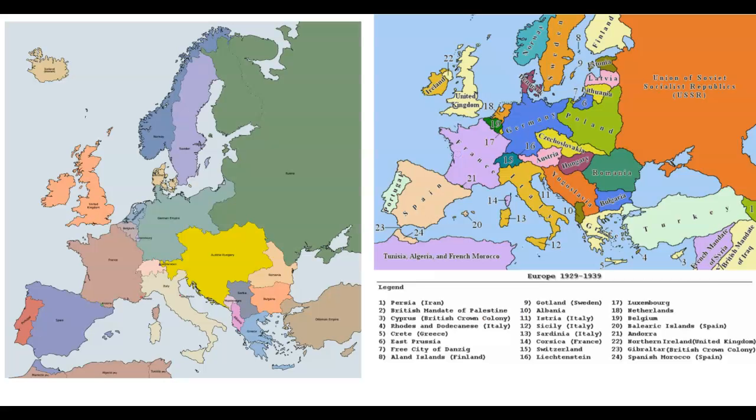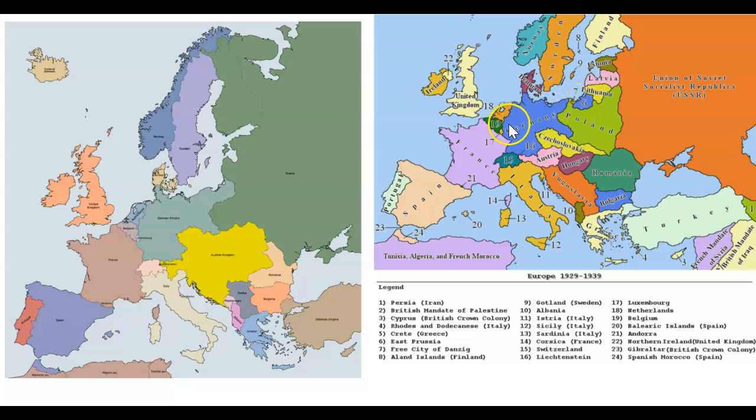Okay, and just again to give you the reminder on the land that Germany lost. The map on the left is Germany before World War I, this is 1914 Europe. The other map on the right-hand side is 1929 to 1939 Europe. If you look closely, you can see Germany, the blue country here in the center of the map. Much smaller.